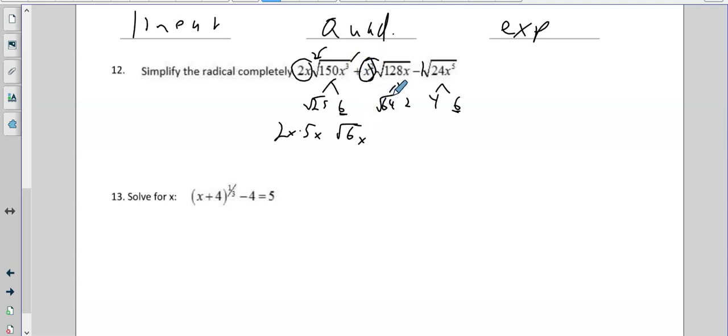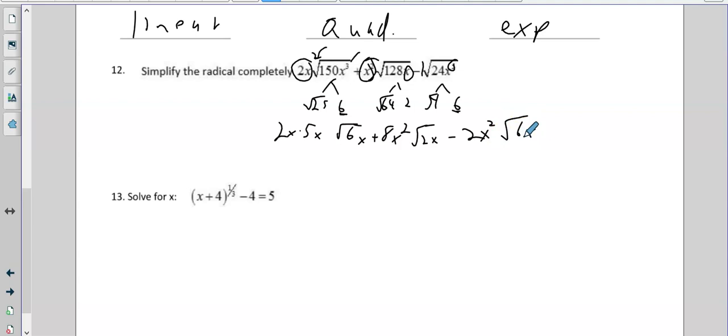Square root of 64 is 8, so we have plus 8 times x squared. And on the inside, the 2 is going to stay, and this x, don't forget that x up there, don't leave anything behind, is going to be there. And this last one, the square root of 4 is 2, so we're going to have minus 2. Then 5 divided by 2 is 2, which is going to leave 1 inside, along with the 6.